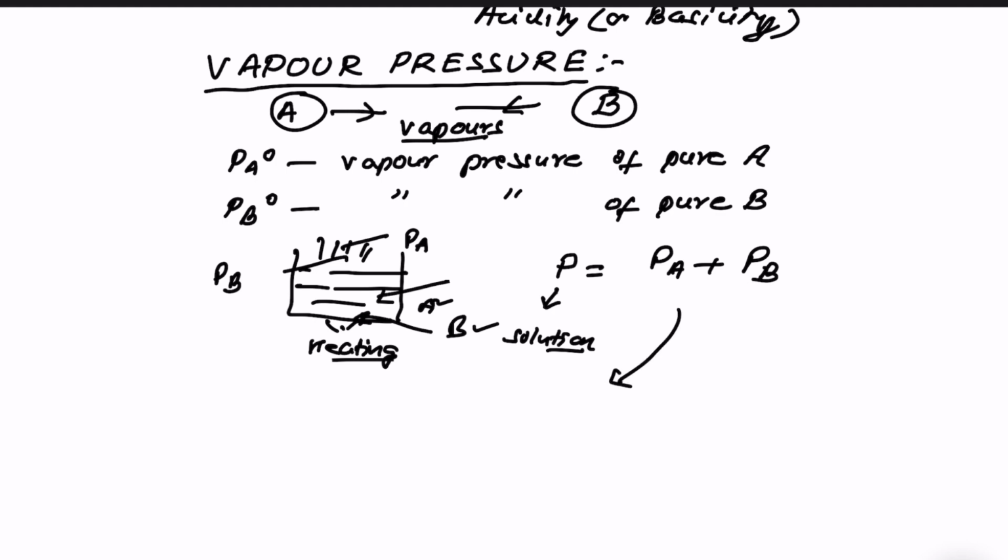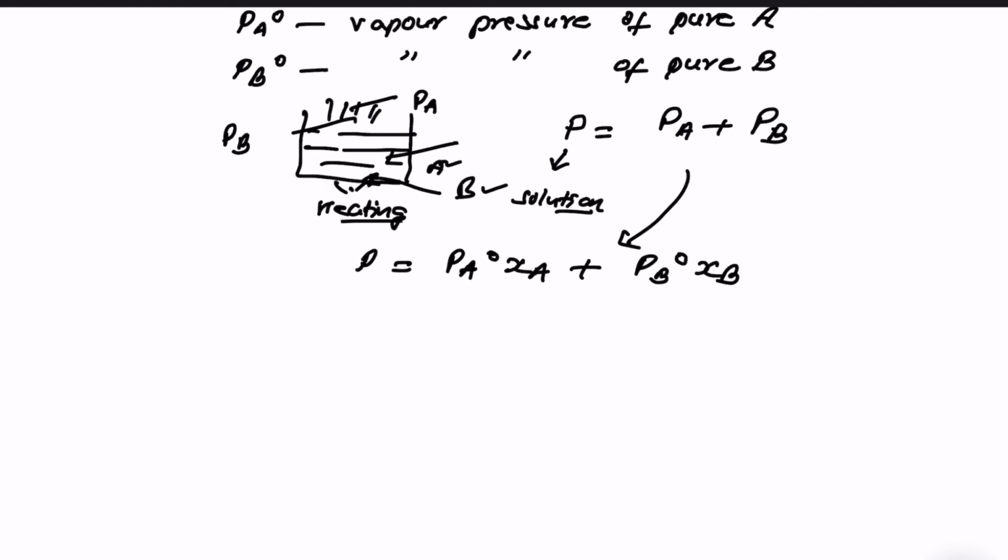Now what is PA? PA can be written as PA naught into XA, and PB can be written as PB naught into XB. This follows from Raoult's law.